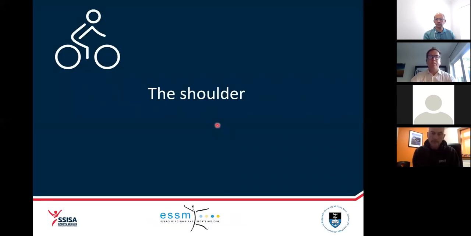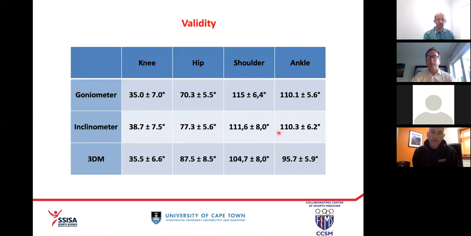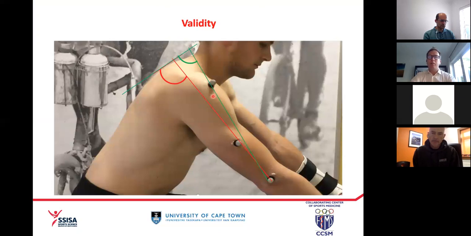What about the shoulder? Well, as I said, the shoulder is a tricky one, and we see that these measurements that we take using different methods come up with different results. And in fact, when we try to simplify it with STT, by moving this marker into a central position over the humeral head, in the position that the person adopts on the bike, we don't see any improvement in the relationship between static inclinometer or goniometer-based measurements and 3D kinematics.